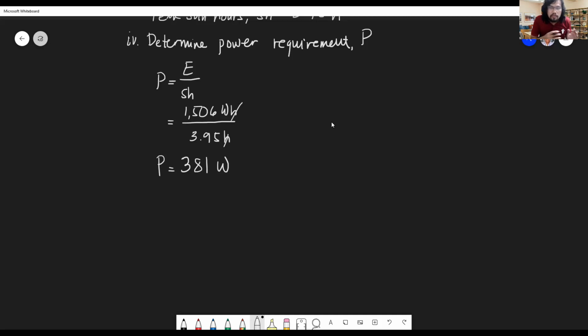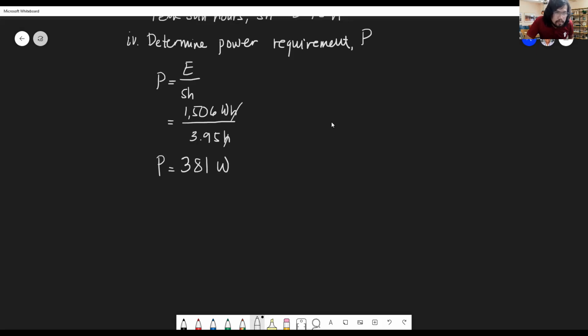But first, we have to set a rating for the panel, and also some configuration considerations such as the safety factor and the efficiency of the system.